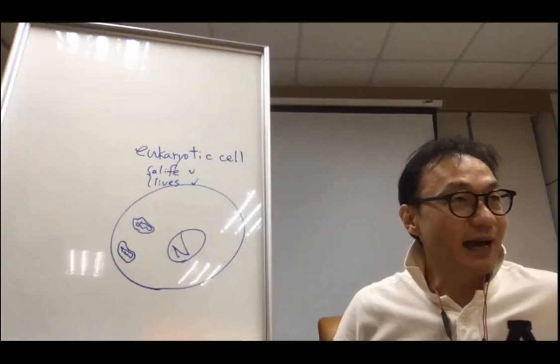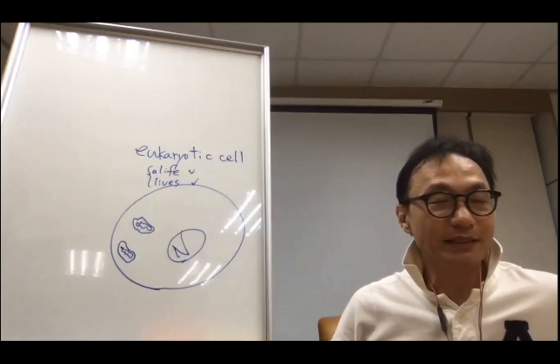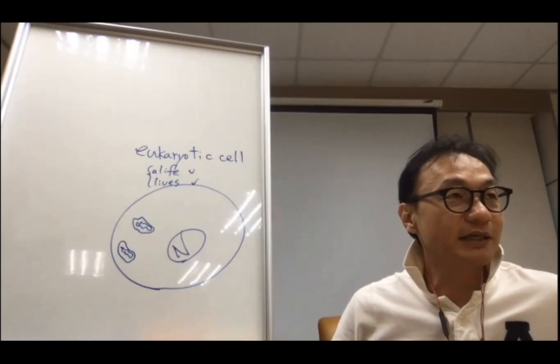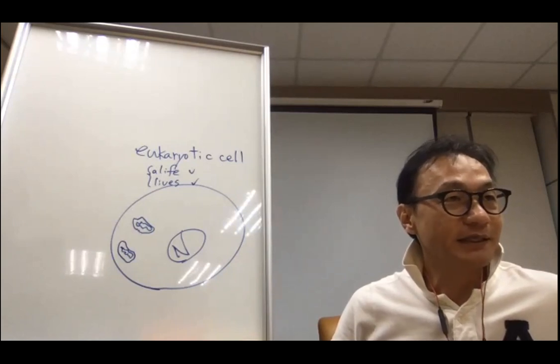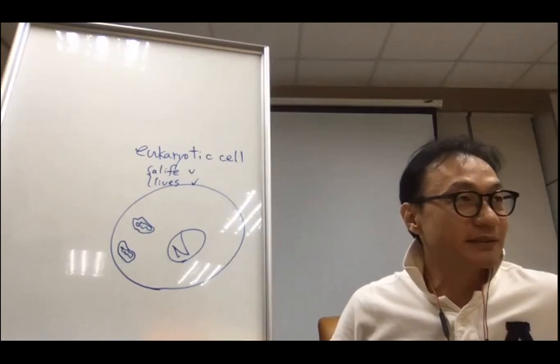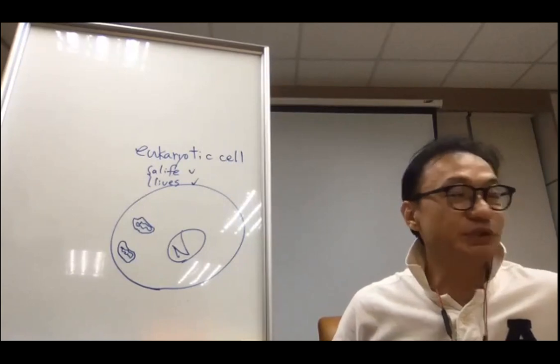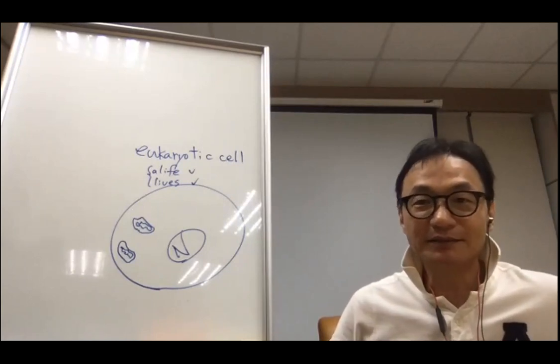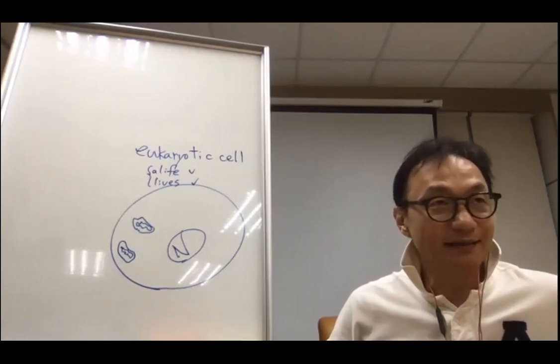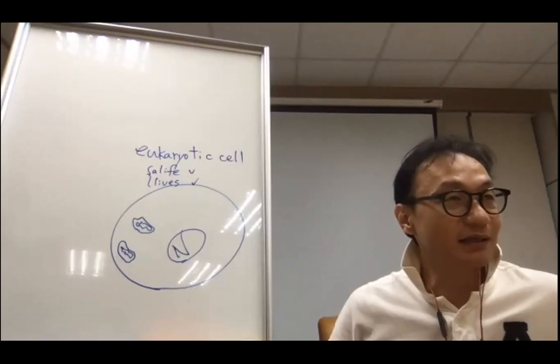So this is another example that you should regard: metabolic advantage can be gained by cooperation, right? So this again gives you the higher level of cooperativity.